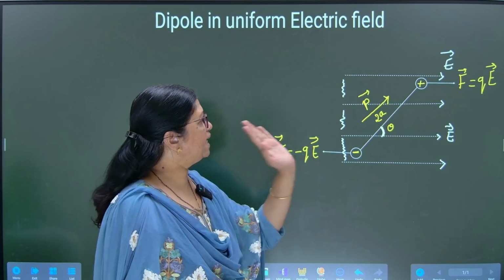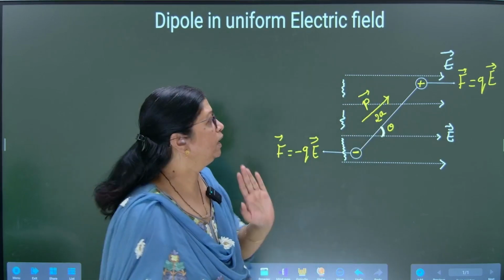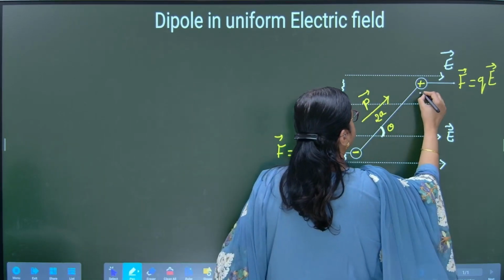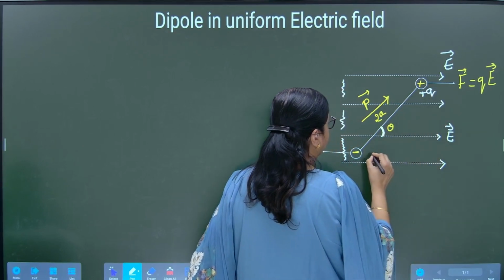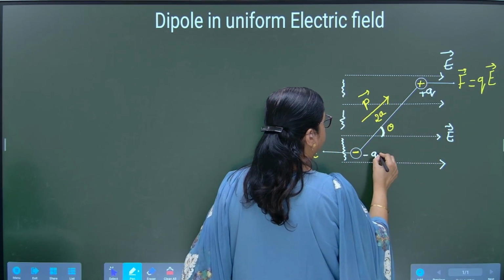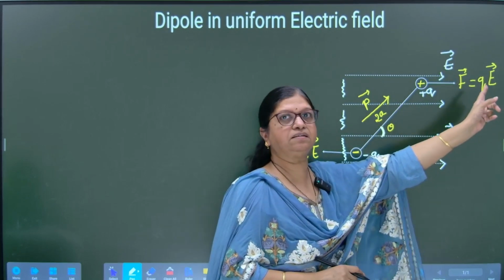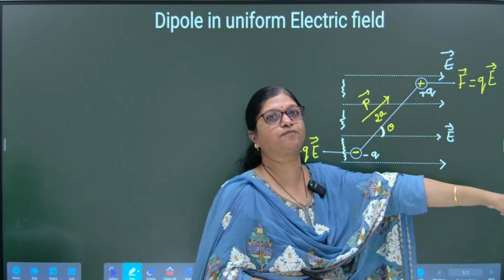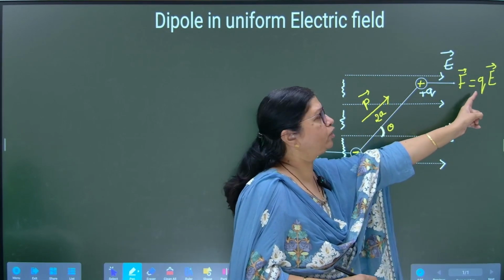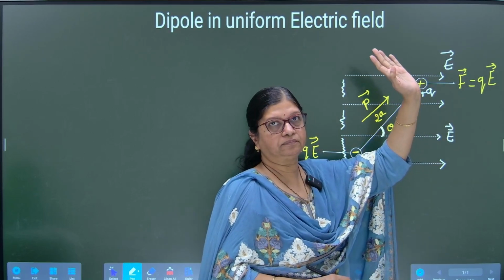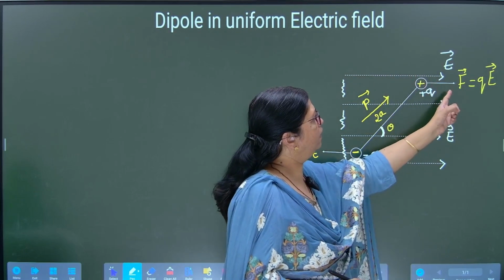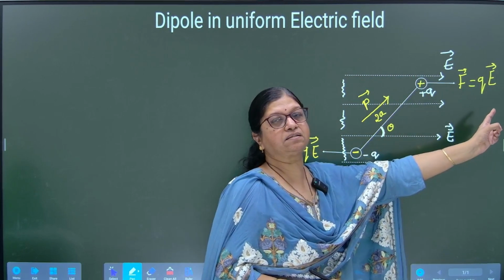Now first, as I have already shown you, if this is plus q and this is negative q, then when placed in the electric field, it will experience a force of qE. So the direction will be the same as the electric field.